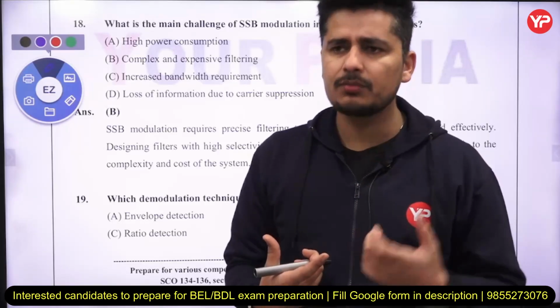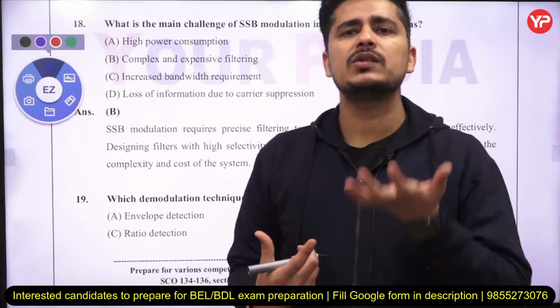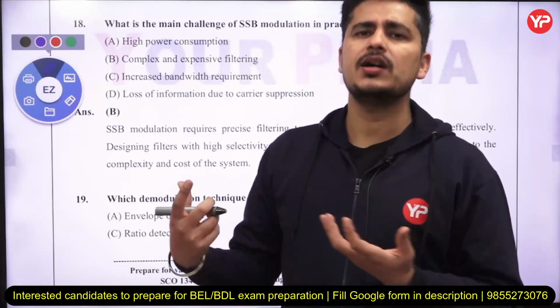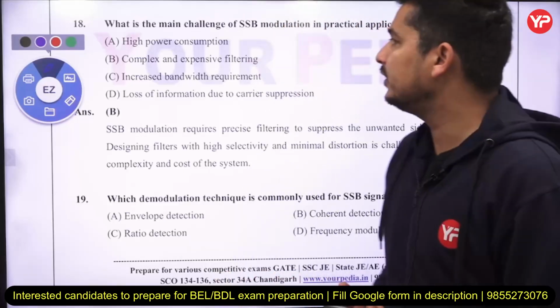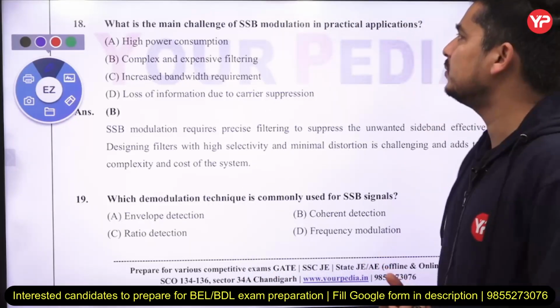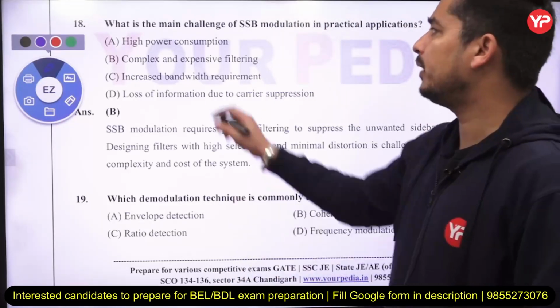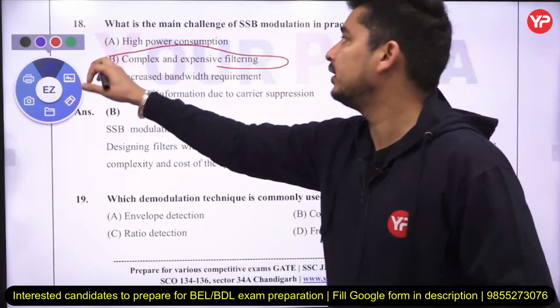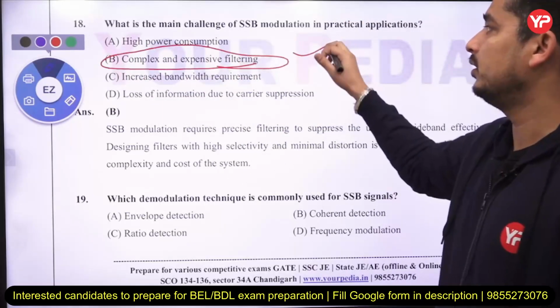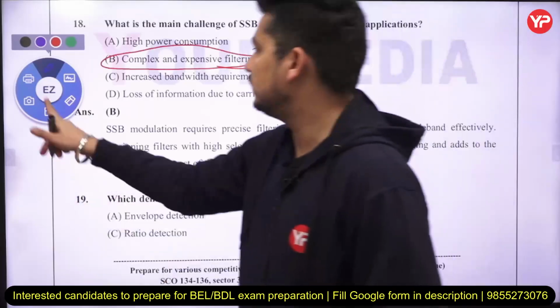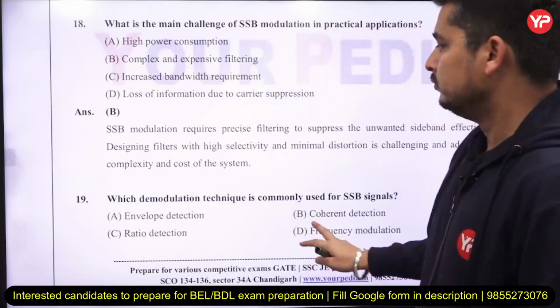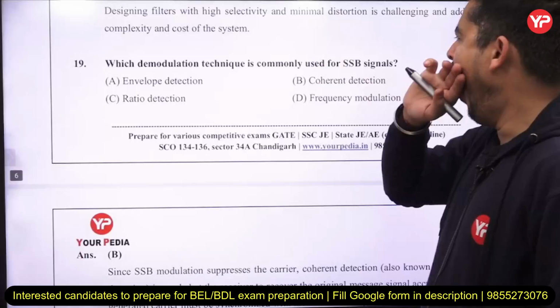You can go for a Butterworth filter. As you increase its order, it approaches the ideal one, but its complexity increases. So generating an SSB signal requires complex and expensive filtering. That's why SSB is generally not used in practical cases. That is the main challenge.